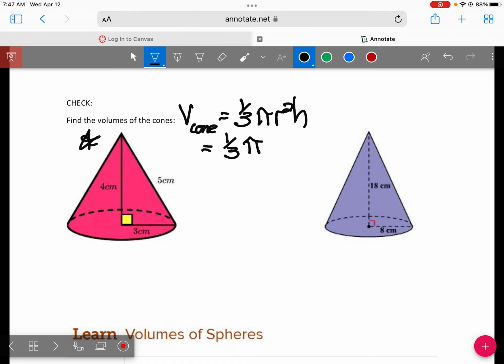Kevin, what is my radius on that first cone? That is correct. So times 3 squared times my height. What is my perpendicular height? Jason, what's my perpendicular height on that first problem? Times 4. So in your calculators, 1 divided by 3 times pi times 3 squared times 4.